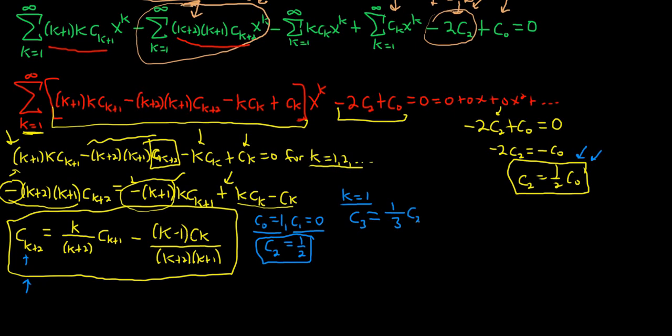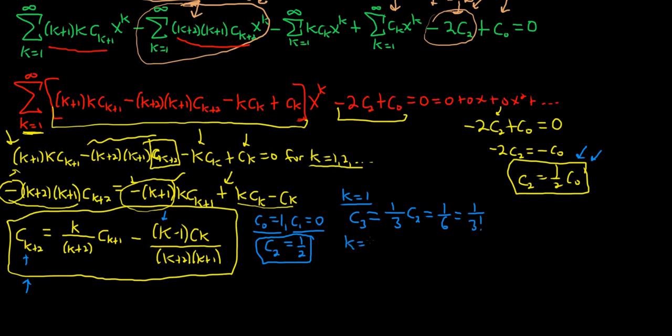And notice 1 minus 1 is 0, so the rest of it goes away. You plug in a 1 for the k and it vanishes. C2 is 1/2, so we get 1/3 times 1/2, which is 1/6. You can think of 6 as 3 factorial, by the way. Is that going to be helpful? Possibly.